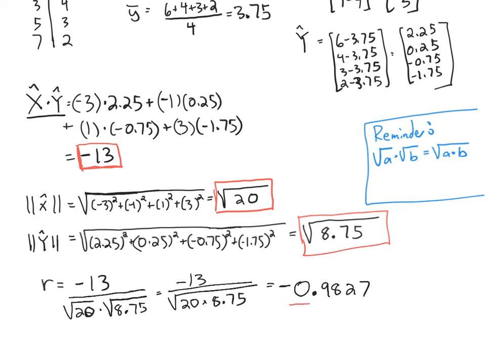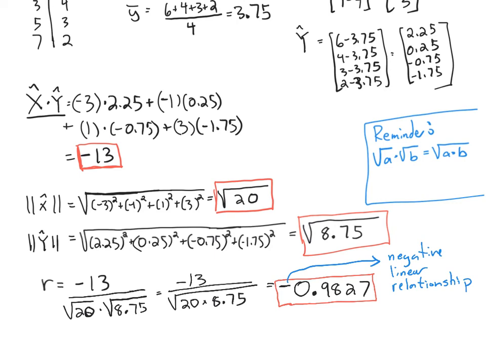And a couple of things I just want to point out. If you get an r that's negative, this tells us that we have a negative linear relationship. So it'll always be the same sign as the slope of your line of best fit.